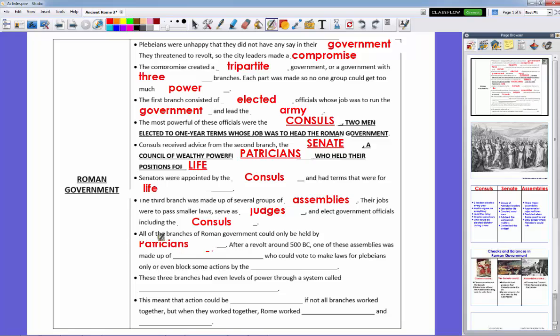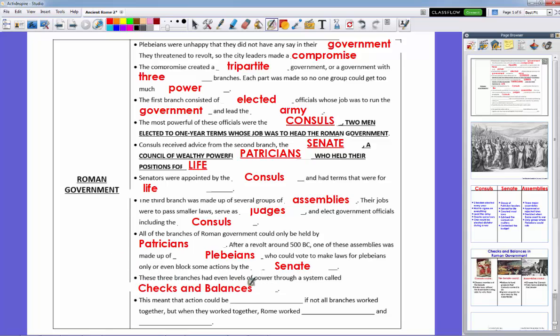And after the revolt, around 500 BC, one of the assemblies was made up of plebeians who could make laws for plebeians only, or even block, through veto, some of the actions by the Senate. Okay?